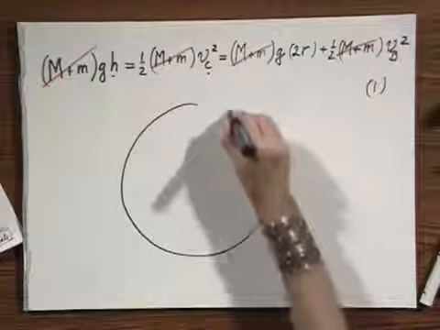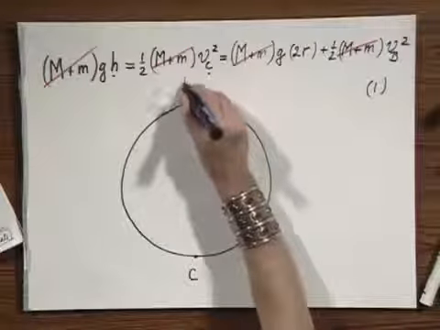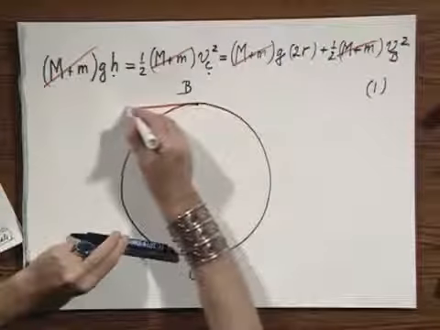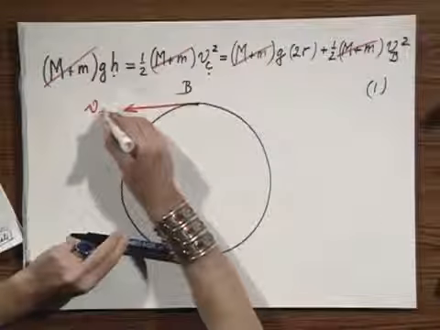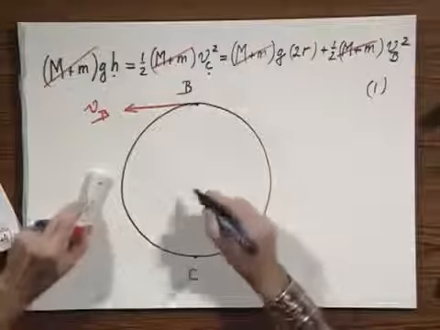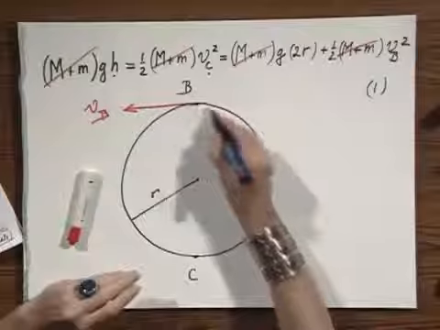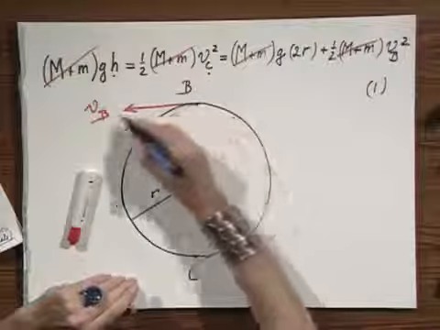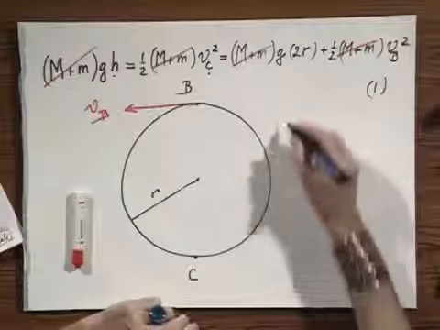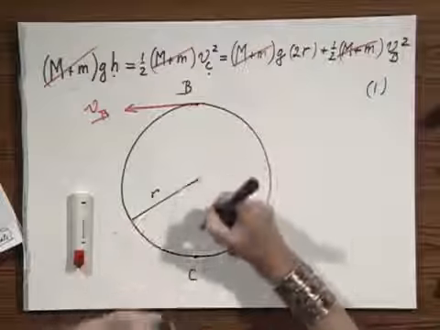Let this be that circle. So this is point C, and this is point B. And you have here this velocity vB. Now, what is required for this object to stay in orbit, to make this curvature with this speed vB, this tangential velocity vB, is that there is a centripetal acceleration which is downwards.